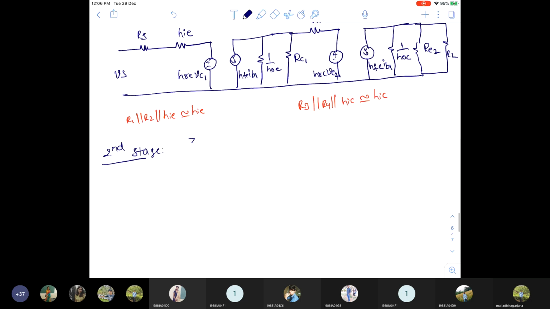So ZL2 is equal to RE2 parallel RL. This is nothing but what I took as ZL2. Now, H parameter equations for CC configuration. We are familiar with the CE amplifier H parameter equations and H parameter model.